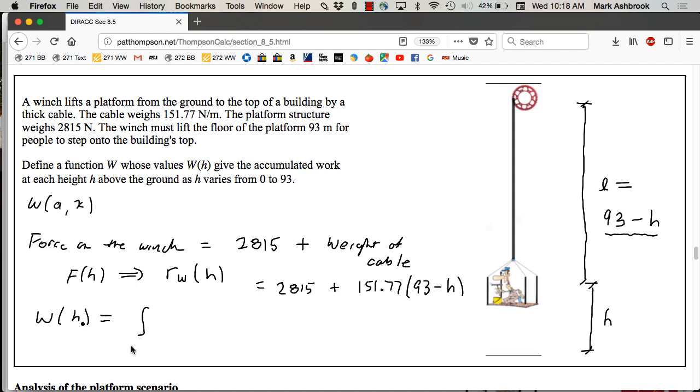Okay, so if a to h, yeah, we'll start with just the height. So we'll do 0 to h, okay? Because we said that, so what is it that we're talking about now? All this stuff is? The weight of the platform. 93 minus t, something else?